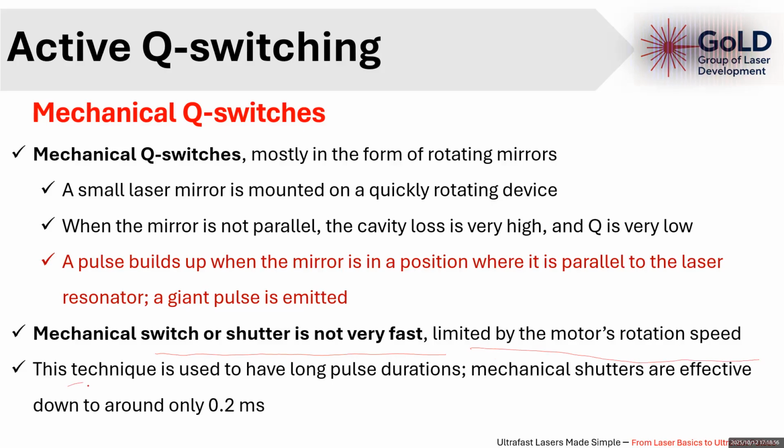So this technique can generate the longer pulses, okay? Like here, it's effective up to, you can see here, 0.2 milliseconds, sorry, not even microseconds, milliseconds. So it's very much limited by the speed of this switching, okay?